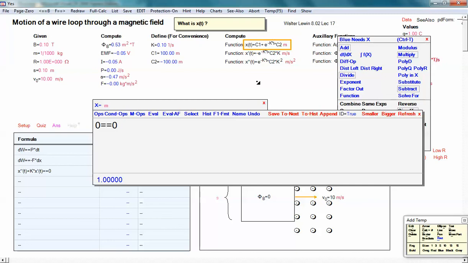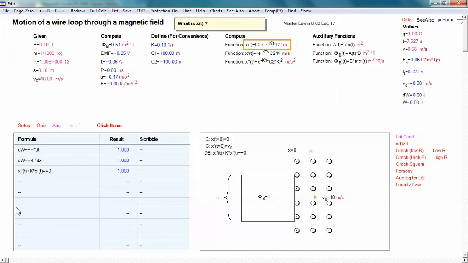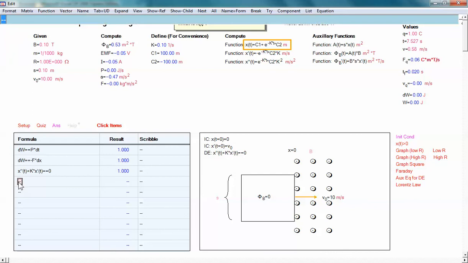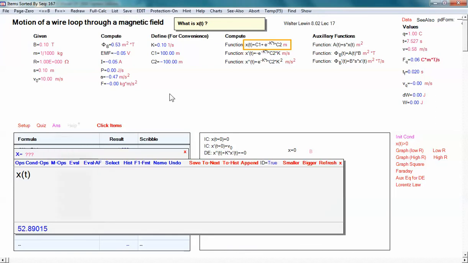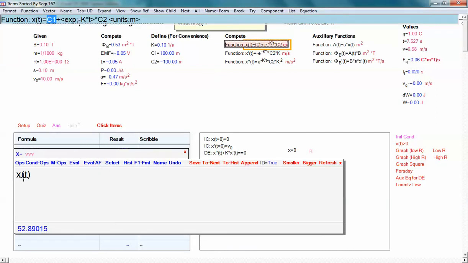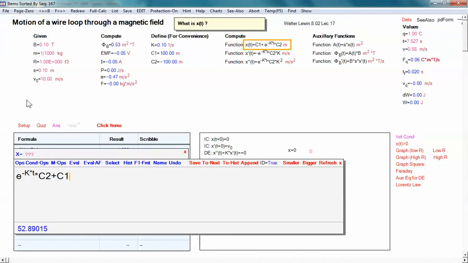To determine what C1 and C2 are for our specific case, we have to go to the initial conditions. So let's look at that for a second. How do we determine C1 and C2? First of all, let me just write down our formula here, x of t. Let me just big that. And now I want to actually convert it into its pieces there.